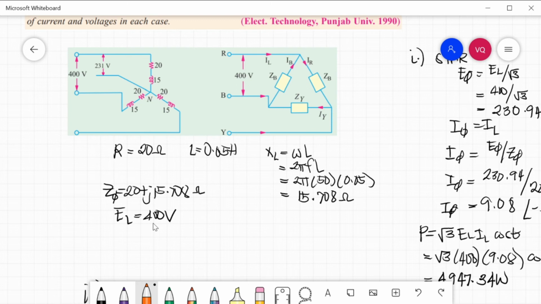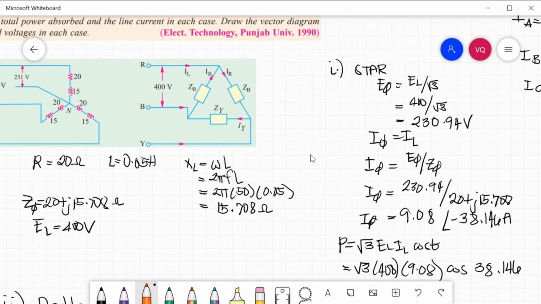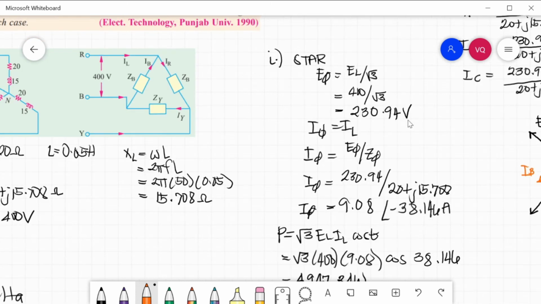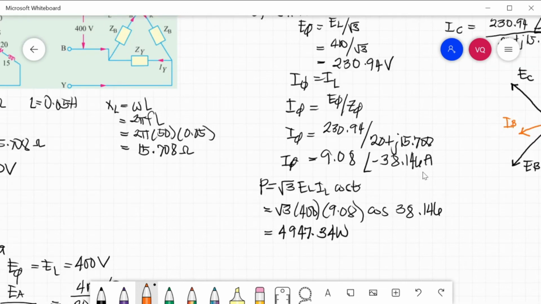In a star connection, the phase voltage is equal to the line voltage divided by square root of 3, that is 230.94 volts. In star, phase current is equal to line current, that is equal to E phase divided by Z phase. So I phase is 9.08 angle negative 38.146 amperes.